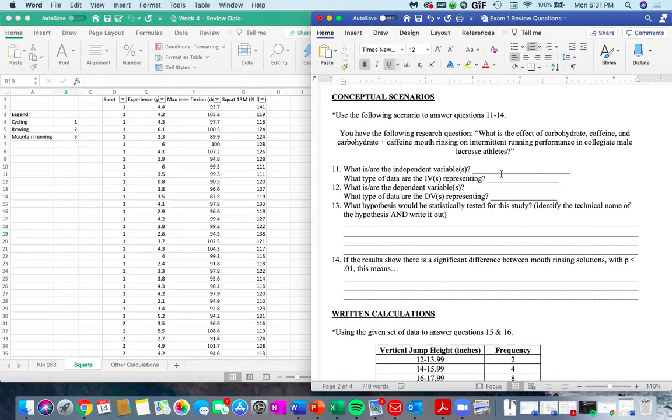So what is the independent variable or variables in this research question? Carbs, caffeine, and carbs and caffeine. Right? So it's basically the mouth rinsing solution that we're using. Right, or we could say type of mouth rinsing solution. That might be better.